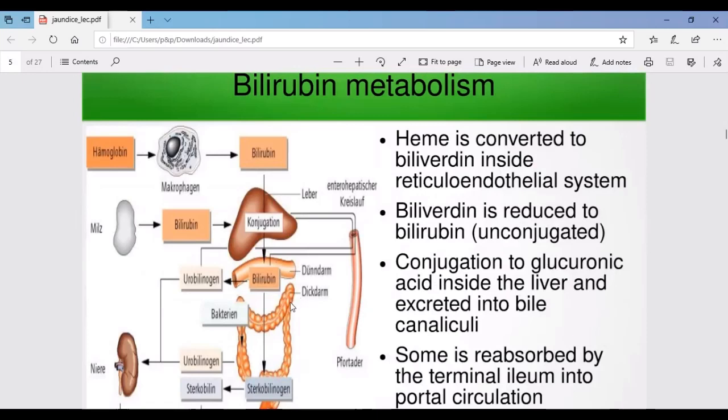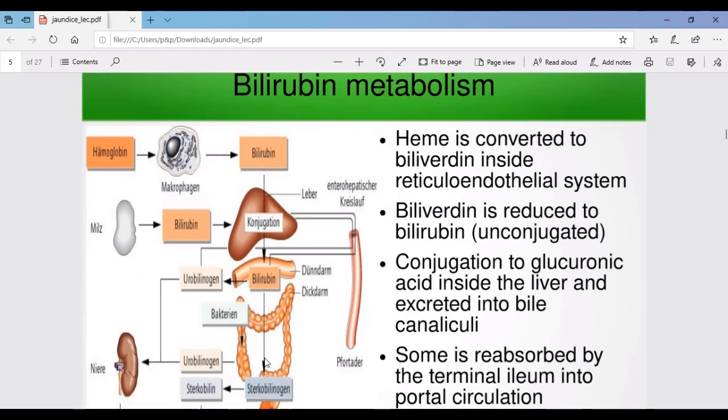When it reaches the intestine, it travels all the way down the small intestine. At the terminal ileum, some of it gets absorbed and returns back to the liver through the portal circulation in the enterohepatic circulation of bilirubin, while other parts get into the colon and will be acted upon by the colonic bacteria to form stercobilinogen, which is further oxidized by the air to stercobilin, and this is responsible in part for the color of our stools.